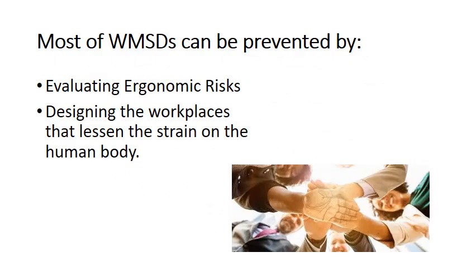These guidelines are derived from the fact that most work-related MSDs can be prevented. We just need to evaluate the risk factors, the ergonomic risk factors, and also we need to design the workplaces in a way that the strain on the human body can be lessened.